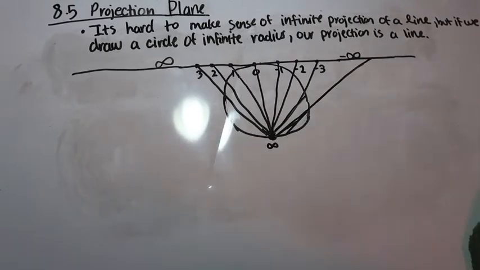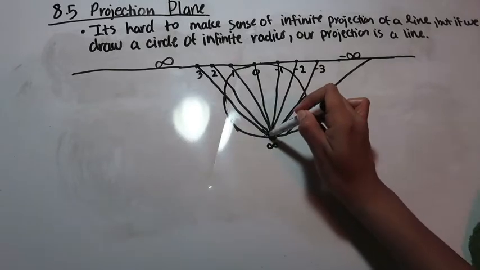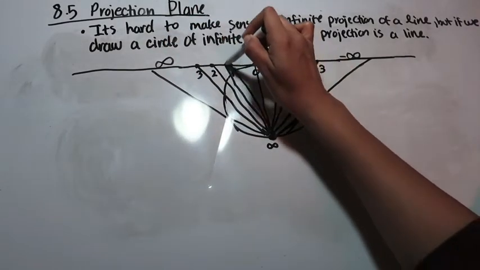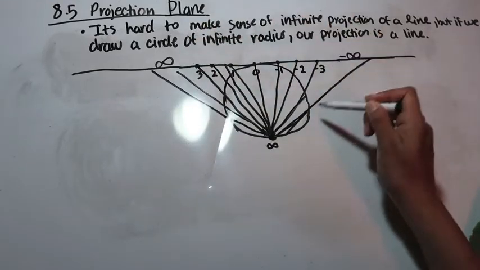If we had more radiuses, we could just continue going here, maybe somewhere between there, and so on.